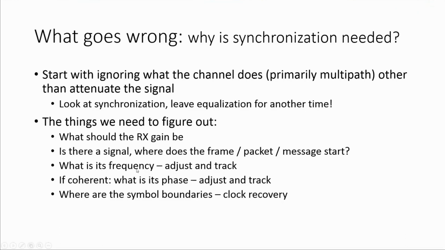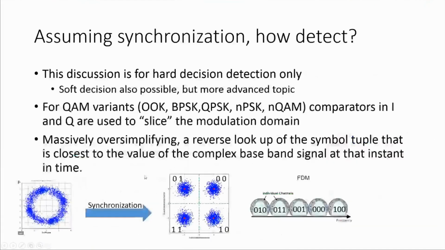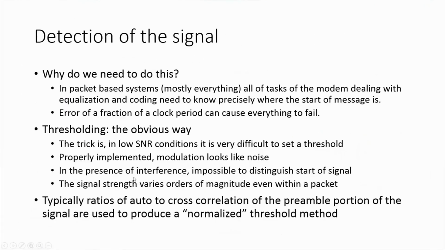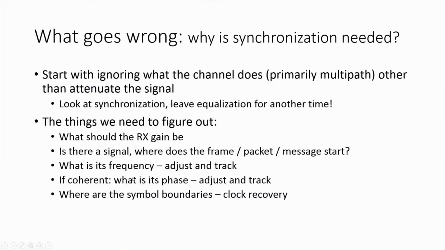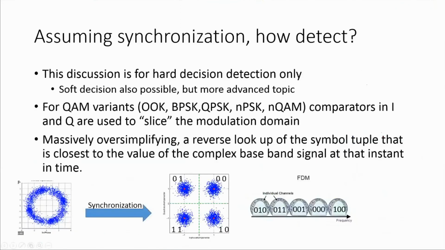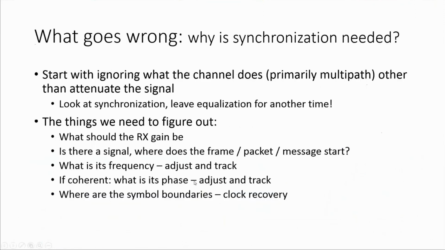Or if you don't have the frequency right, when you do your FSK slicer, these will be in the wrong place. So it's really important to know this precisely. And if it's coherent, which most of these modulations that we looked at are, we need to know the phase because the slicer can't make a decision if the phase isn't properly aligned.